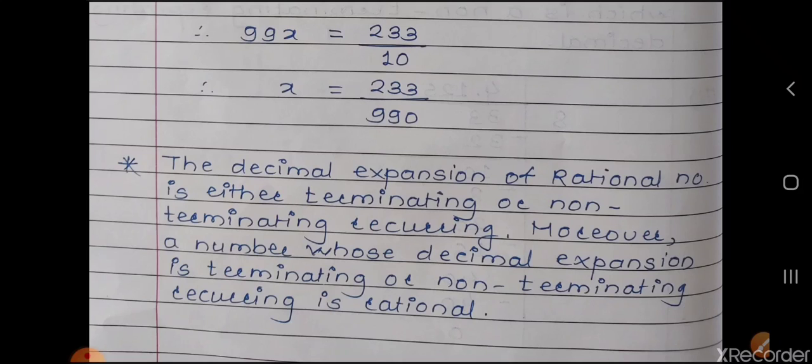Moreover, a number whose decimal expansion is terminating or non-terminating recurring is rational. Also, the decimal expansion of an irrational number is non-terminating non-recurring, and a number whose decimal expansion is non-terminating non-recurring is irrational.